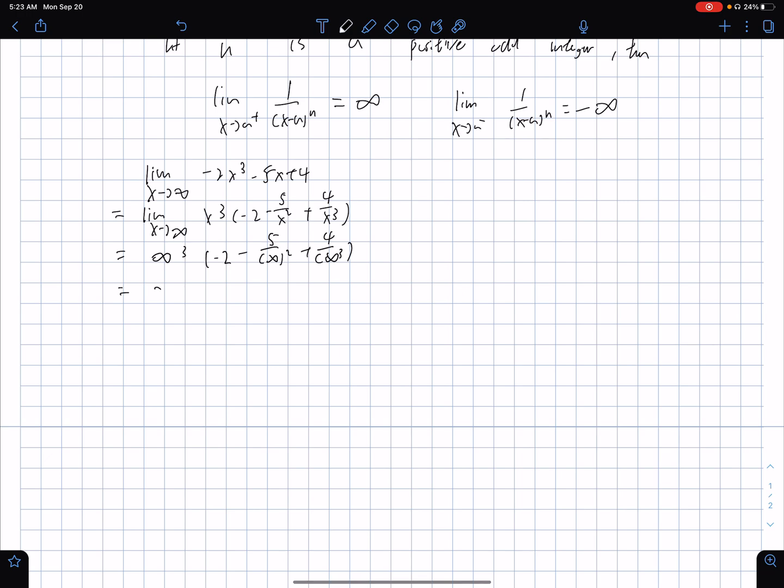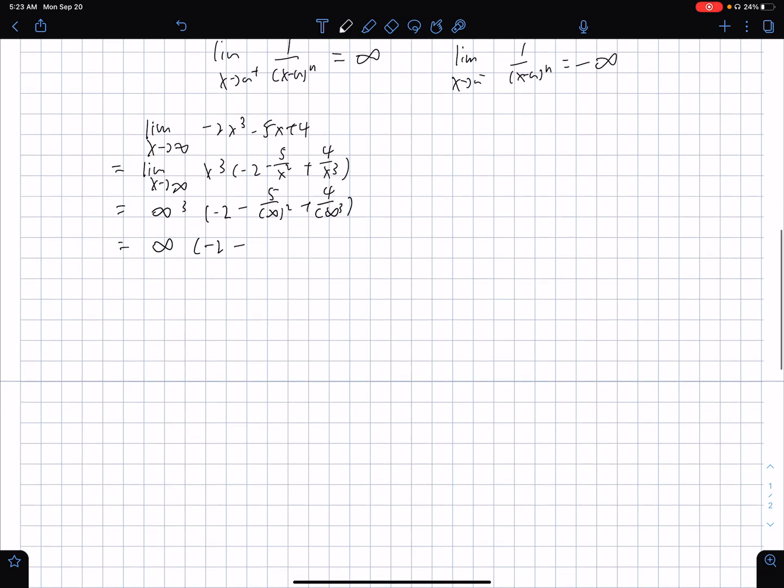Infinity cubed is still just infinity. And then what's 5 divided by a really, really large number? Well, it gets extremely close to 0. In this case, we can just think of it as 0 because we are working with massive numbers. And the same can be said for the 4. So we simplify it to this, and then it is just negative infinity because 2 times infinity is still infinity, but we have a negative sign here. So the answer to this problem would be negative infinity.